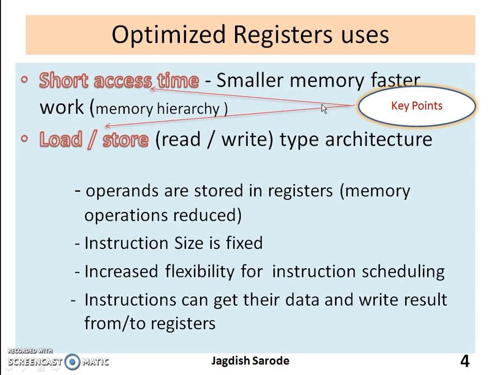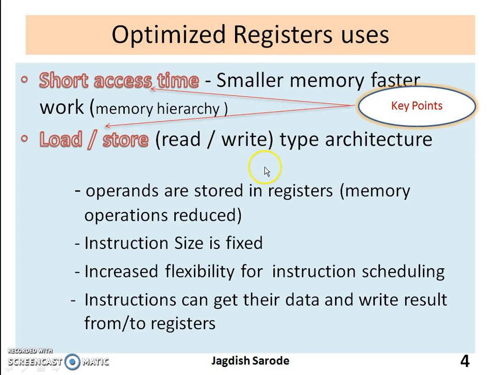To use this internal cache memory we require frequent read and write operations, and hence RISC architecture is a load store type of architecture. Here load means to read from the memory and store means to write a result to the memory.